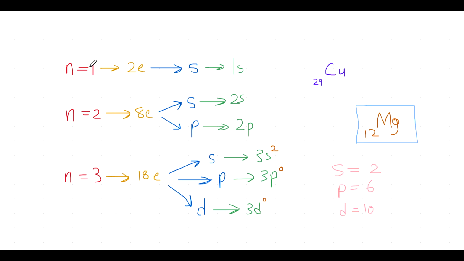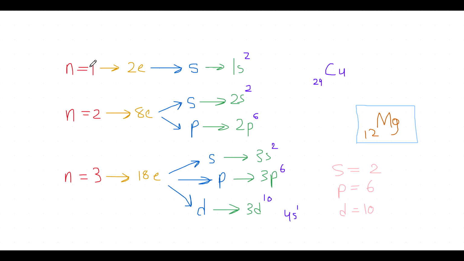It would be 1s2, 2s2, 2p6, 3s2, and 3p6 again. How many have we used? 2, 4, now 10, we have 12, 18. 11 are remaining. 3d10, and 4s1.